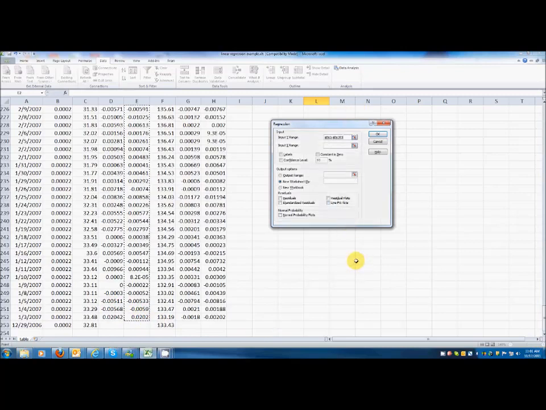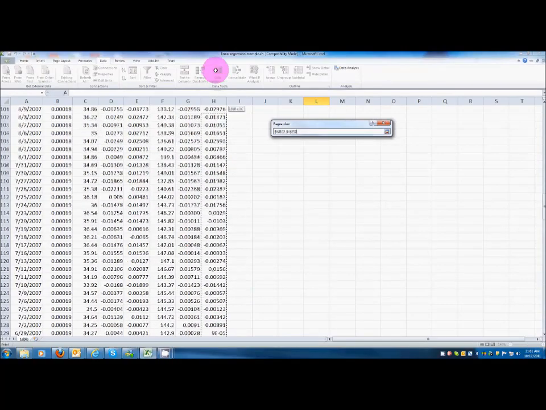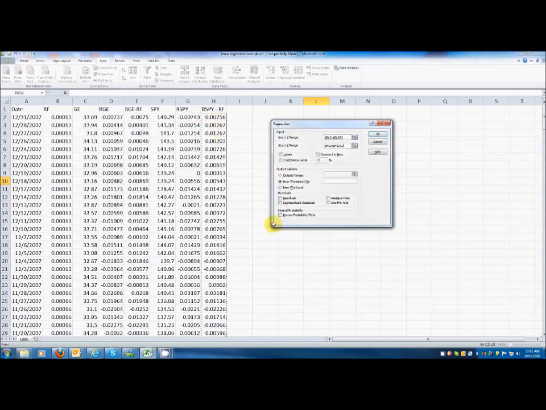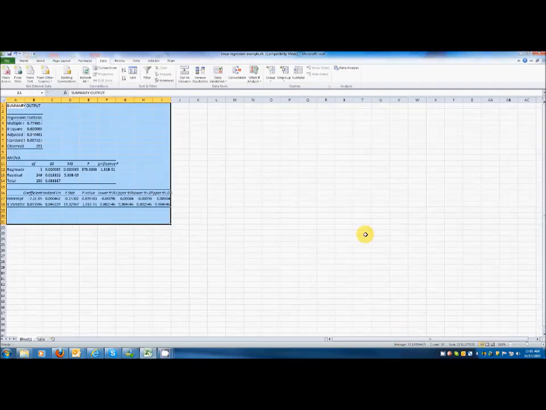When I'm done, it automatically puts them in there. Now I've got to click into the input X range, and I'm going to do all the returns for the S&P 500 minus the risk-free rate, so really the risk premium. And I'm going to do it to a new worksheet. That's fine. I'm going to hit OK.